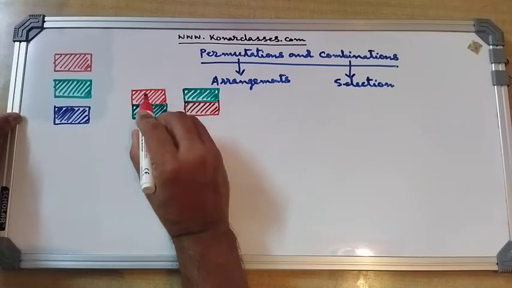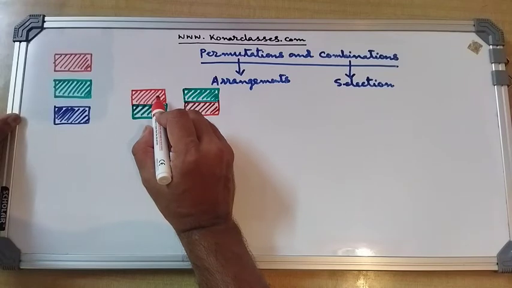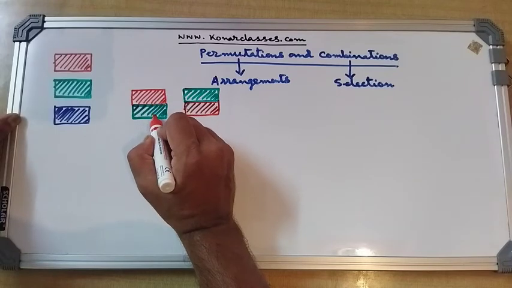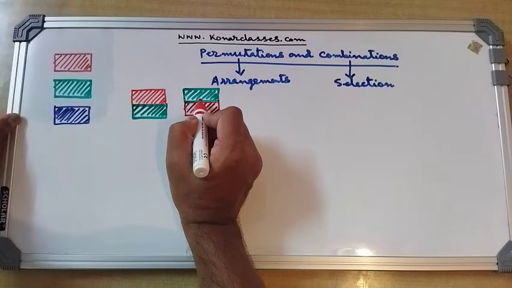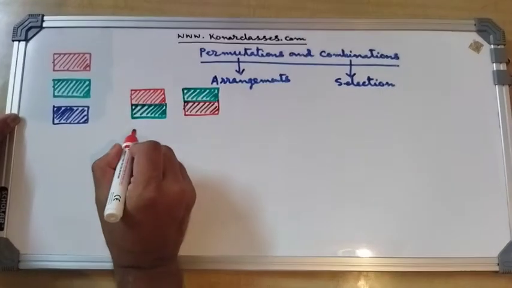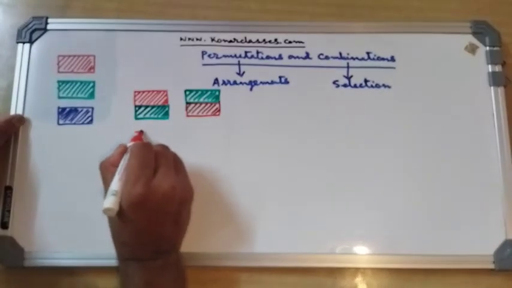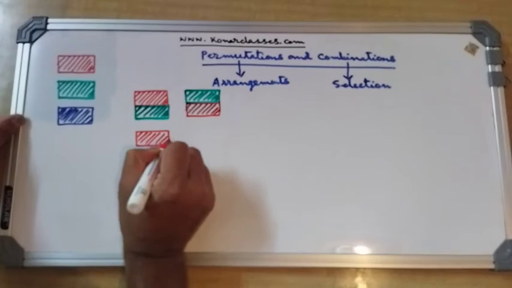On the left hand side, what you see is the red wrapper chocolate on the top, and below it is the green one. But on the right hand side, the green one is on the top and the red one at the bottom. Now, in a similar manner, first we can keep the red one, and below it we can keep the blue one.